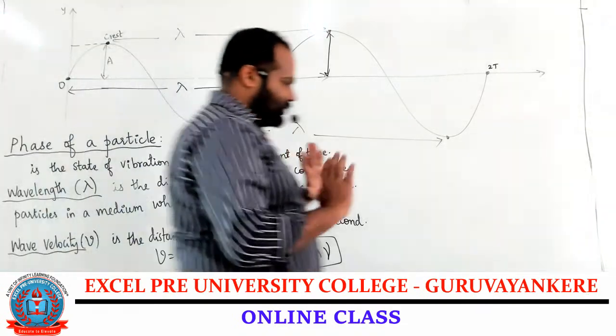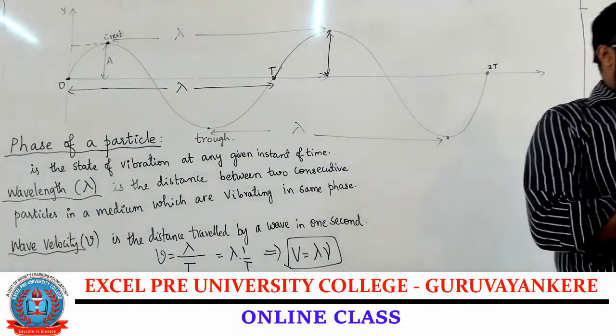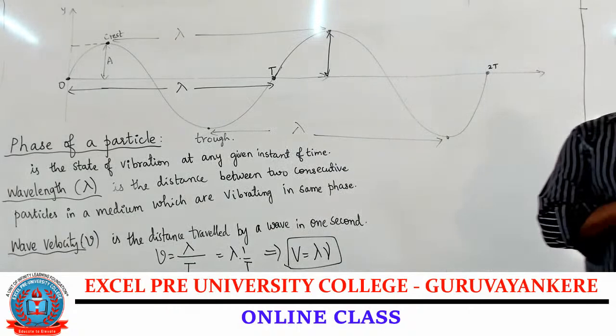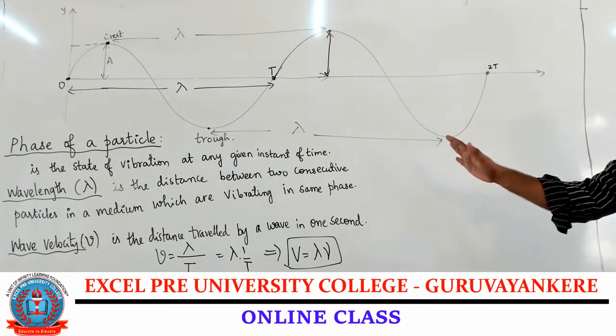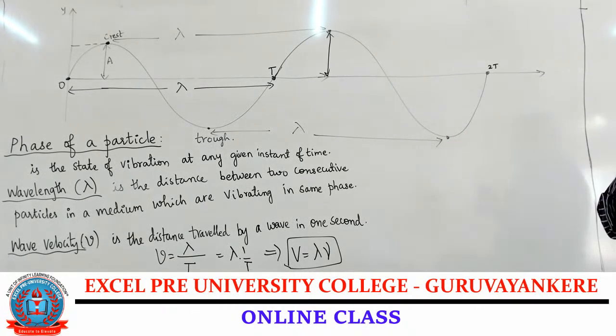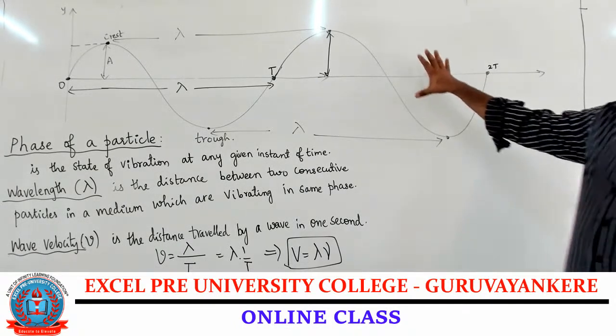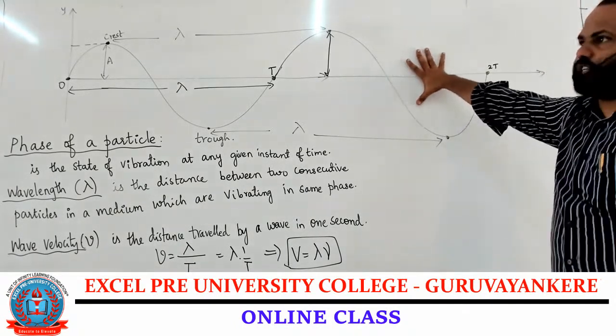So please try to learn all these key terms: amplitude, time period, frequency, phase, wavelength, wave velocity. I hope all these things are clear to you. Any doubts, ask. Otherwise, this is about mechanical transverse waves.